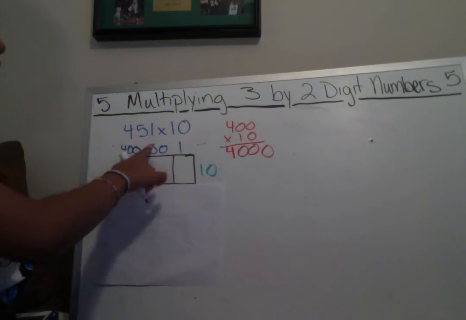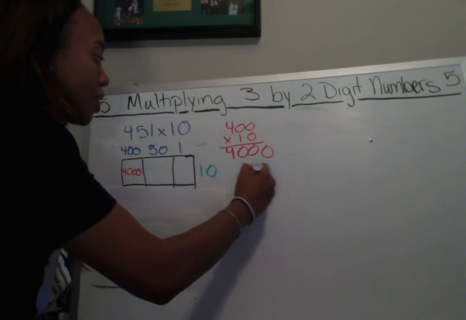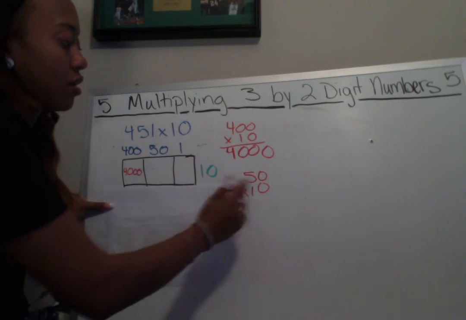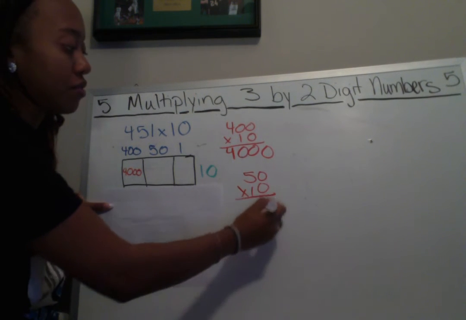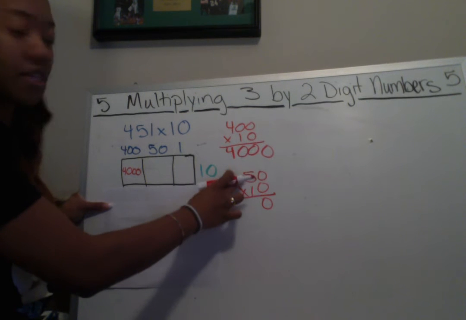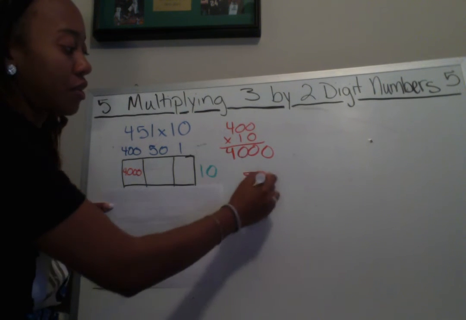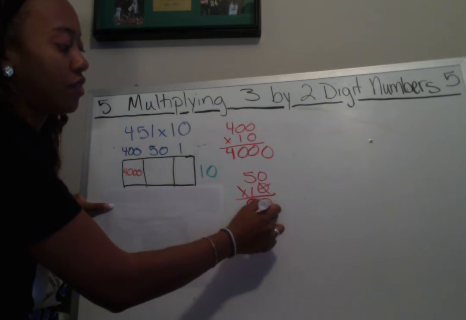The next one I see is 50 times 10. On this one, I'll show you not the cheating way. Ones by ones, 0 times 0 is 0. Ones by tens, 0 times 5 is 0. I am done with my ones place, so I'm going to put an invisible 0.